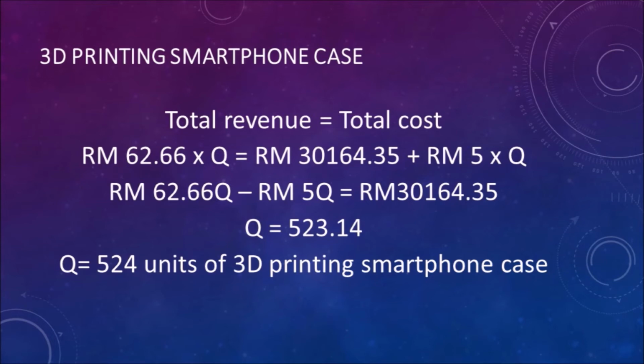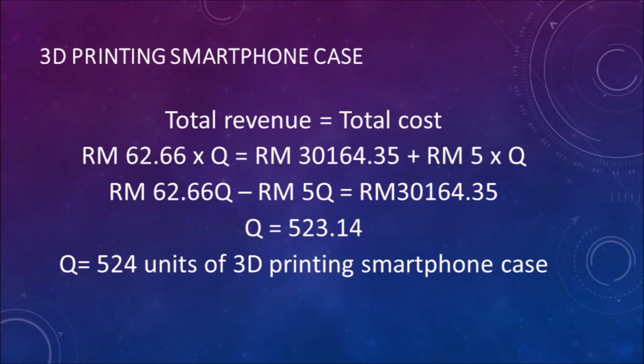So, RM62.66 times quantity equals RM30,164.35 plus RM5 times quantity.